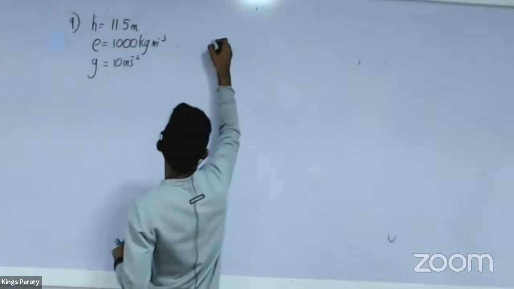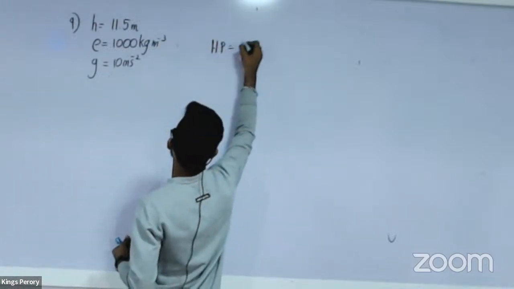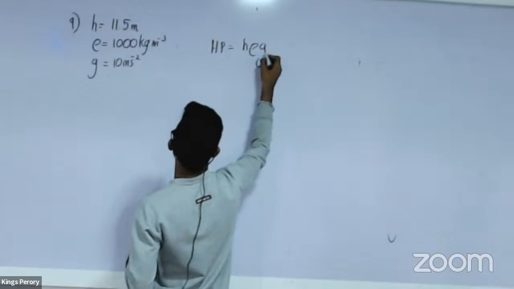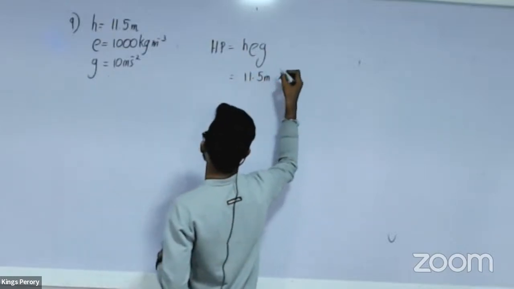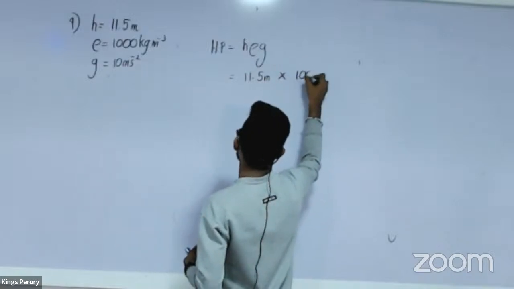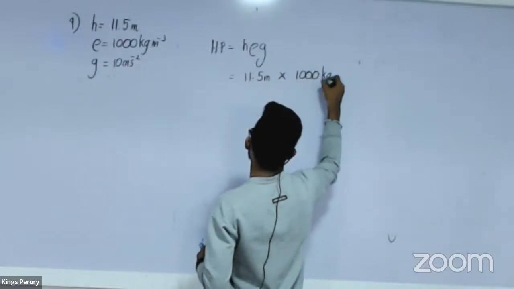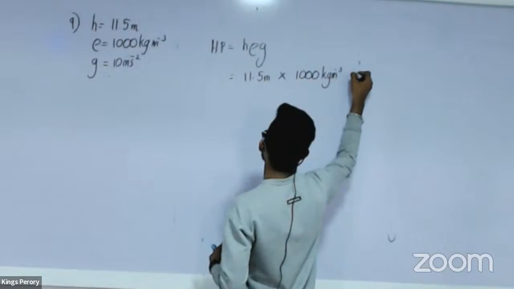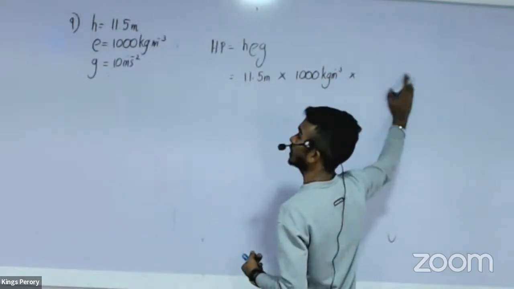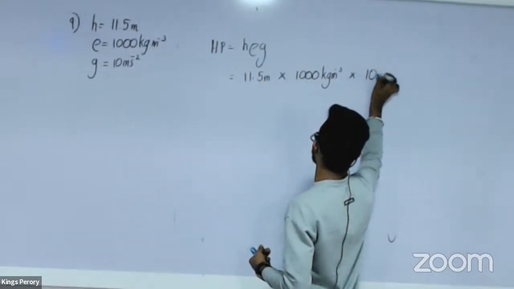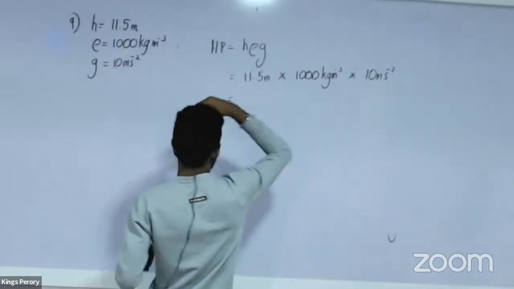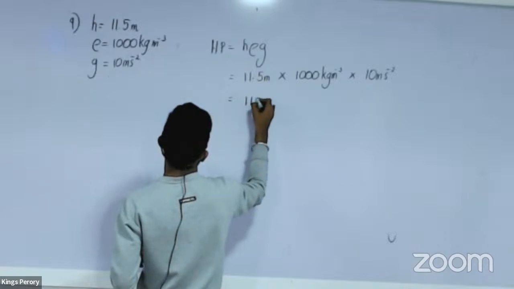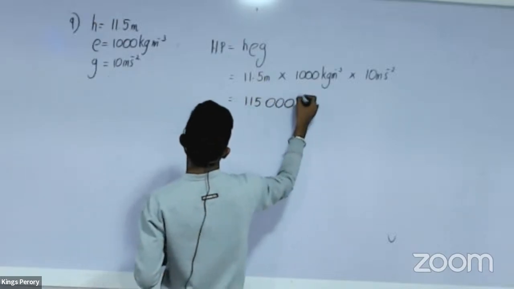Right. There you go. Hydrostatic pressure equals H rho G. H 11.5 meters multiplied by density 1000 kilogram per meter cube multiplied by 10 ms to the power minus 2. How much? 10 into 11.5, 115,000 Pascal.